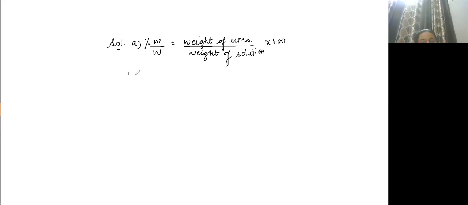Now weight of urea is 30 grams and weight of water is 45 grams.